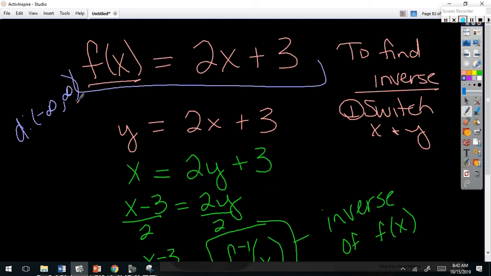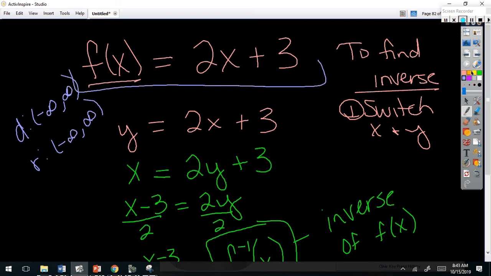How about the range? Same thing. It's a line and it just goes on forever, so the range is negative infinity to infinity. Now, if I wanted to know the domain and range of the inverse, what might I do? You're thinking along the right lines of switching things.